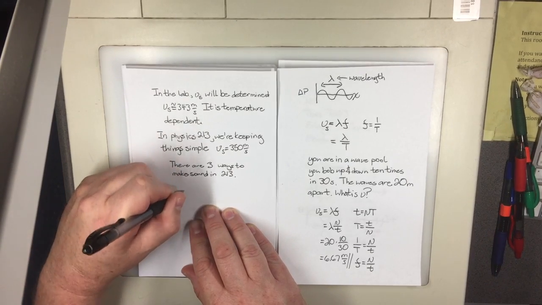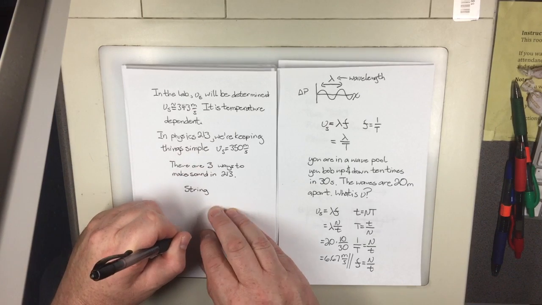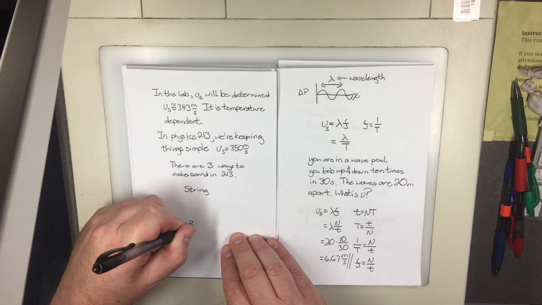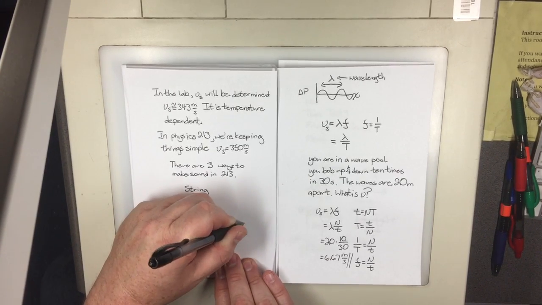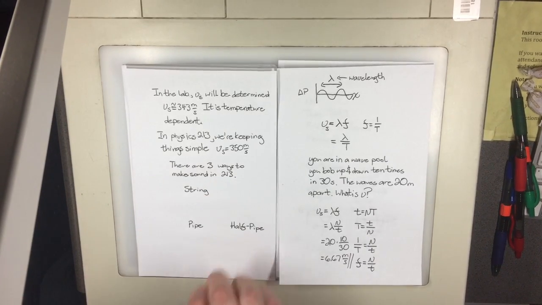One is a string. One is a pipe, and the other one is called a half pipe. And we will go over all of these.